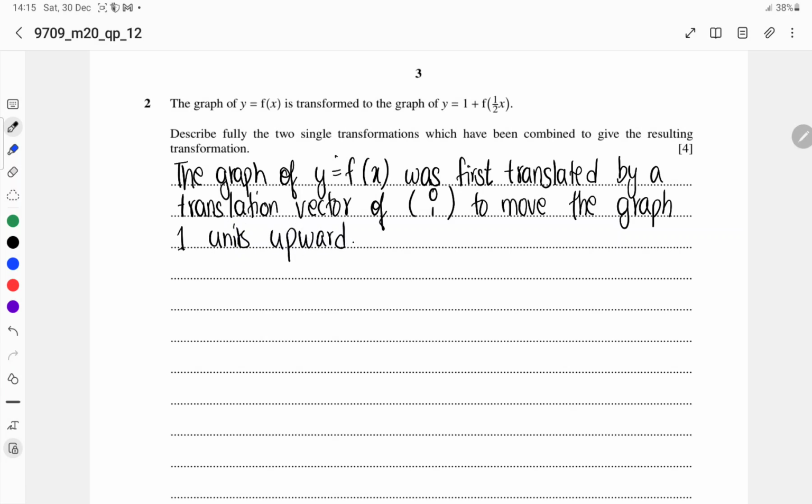So what happened is f(x) has been translated by a translation vector of (0, 1) to get 1 + f(x), right?